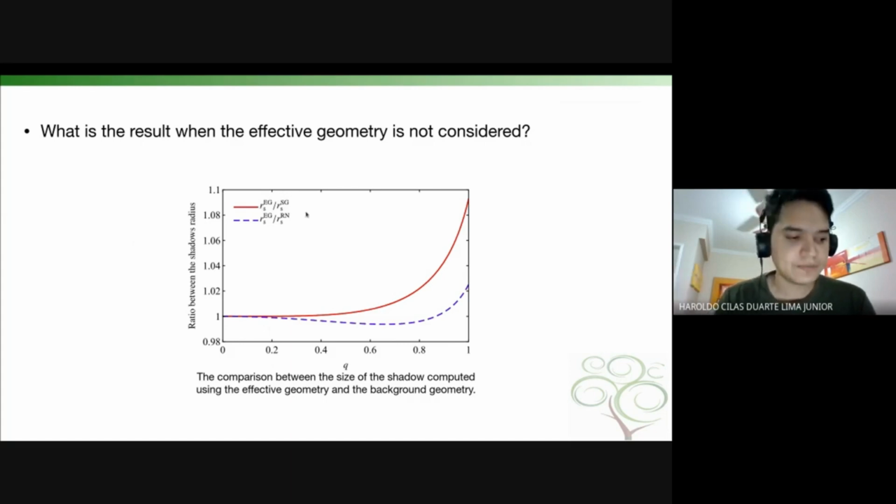We're going to explain this phenomenon in a minute. Moreover, we also compared the shadow radius of the effective geometry and the shadow radius of the Reissner-Nordström solution, which is the black hole solution for a linear electrodynamics, meaning Maxwell's theory coupled to general relativity. So we have this behavior here.